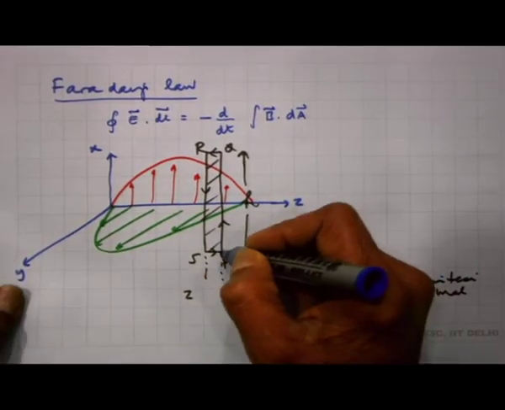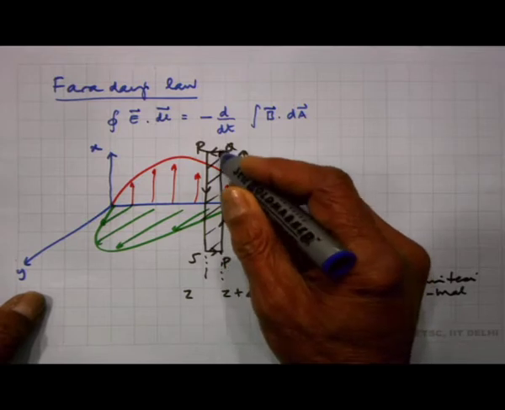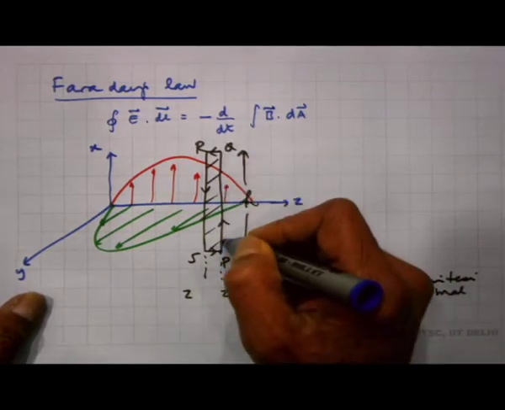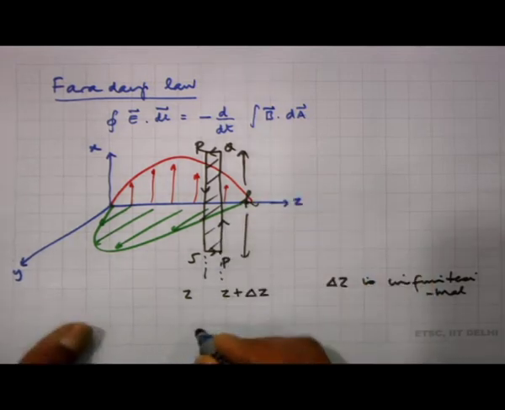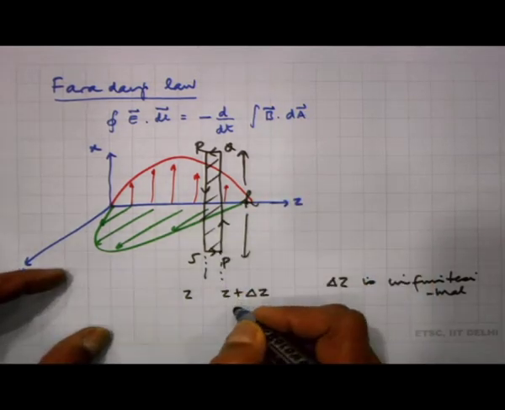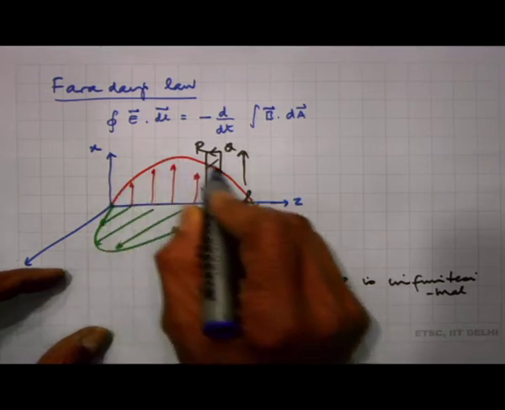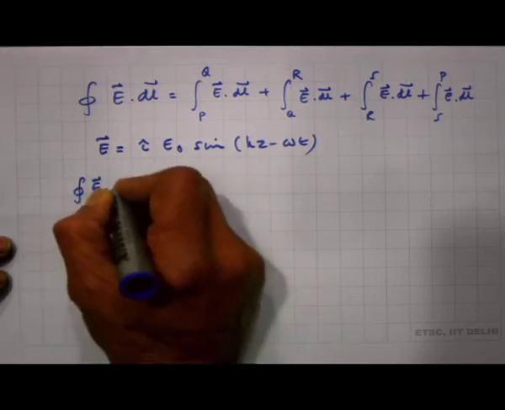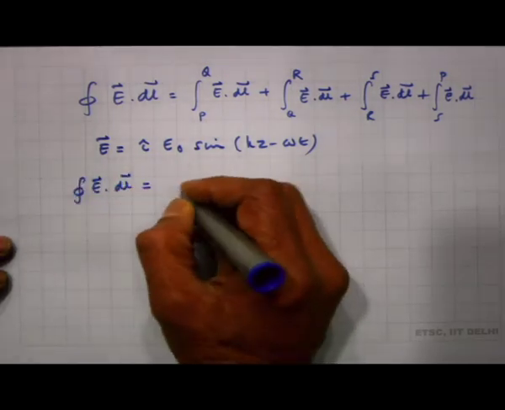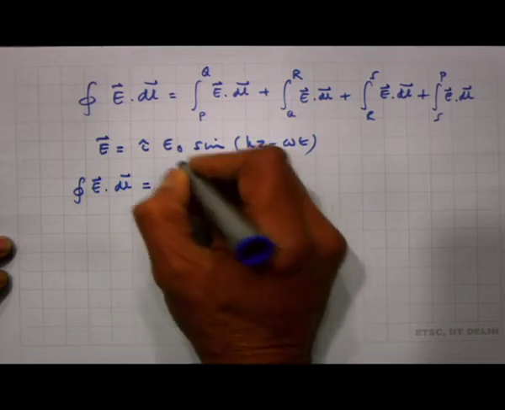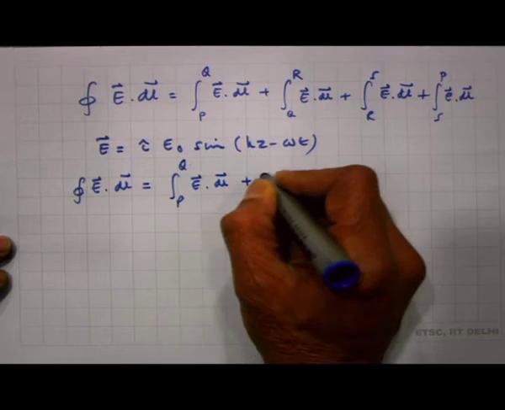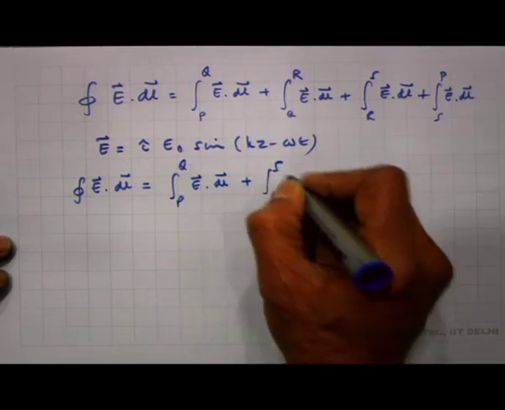In the remaining two integrals, E is the same for all values of x, because E depends only on z, and the value of electric field at z and z plus delta z will be different, because as you can see here the electric field is changing with z. So, integral E dot dl will be equal to two components, P to Q E dot dl plus R to S E dot dl.